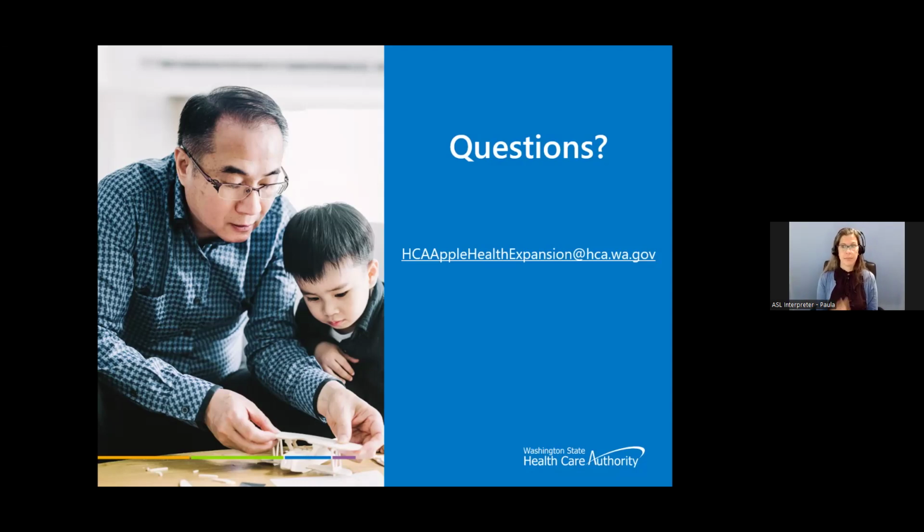We do have a question. For folks who are going to be part of the transitioning group, they're on a qualified health plan now, the QHP. Will they be auto-assigned to a managed care organization, or will they get to pick their own? It's a great question, Sarah, and I appreciate that being highlighted.